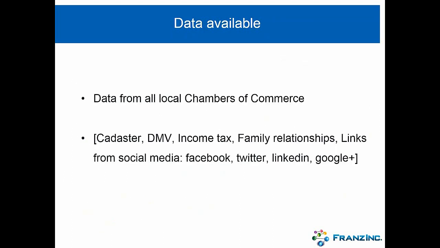And for this demo that we show you here, which is actually used for real in production, you have data from all the local chambers of commerce. And for the demo I give you, I'll only have the data from the Chamber of Commerce because that's public information. The tax organization themselves has many, many more types of information, as you can imagine.